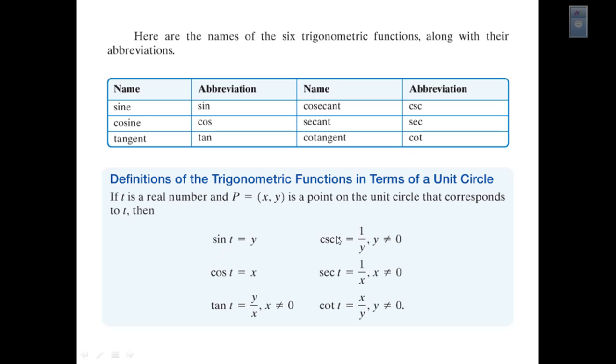Remember those reciprocal identities: sine t and cosecant t, cosine t and secant t, tangent t and cotangent t. So those are all the exact same relationships that we learned before, but now we're defining them with those x and y coordinates. And you do need to know these.